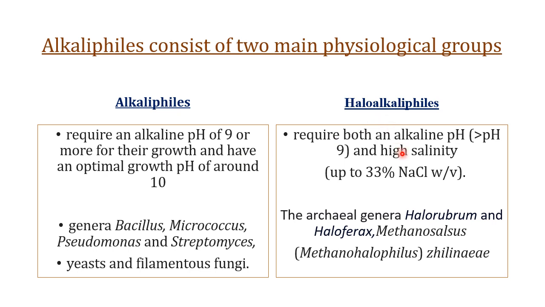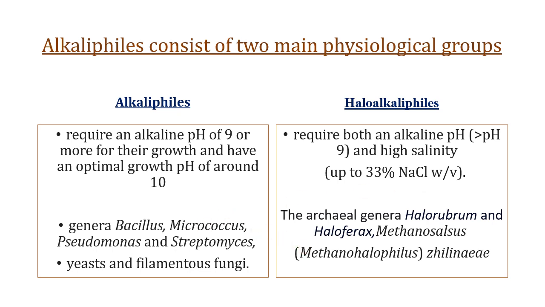Now, haloalkaliphiles require an alkaline pH plus high salinity. That means high salt concentration is also required. So you can see up to 33% of NaCl, weight by volume, is what haloalkaliphiles can grow in, and that's the reason why I told you that you can go for seawater as your sample.